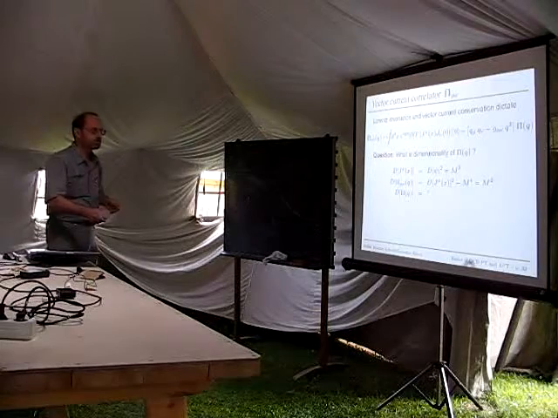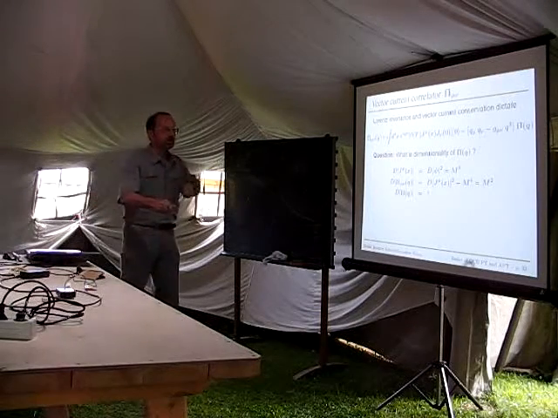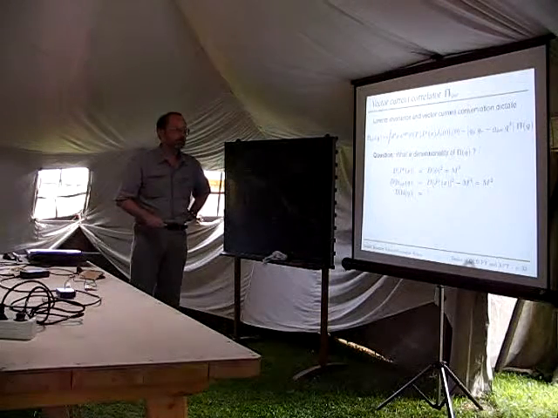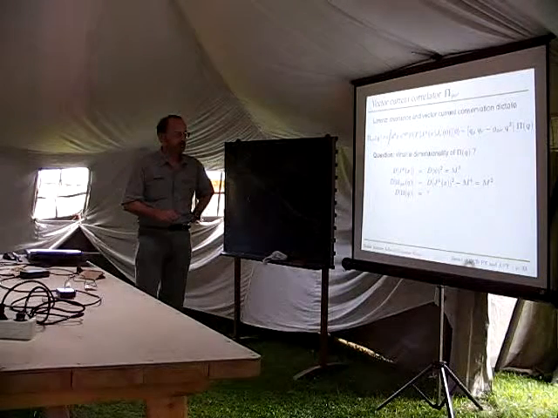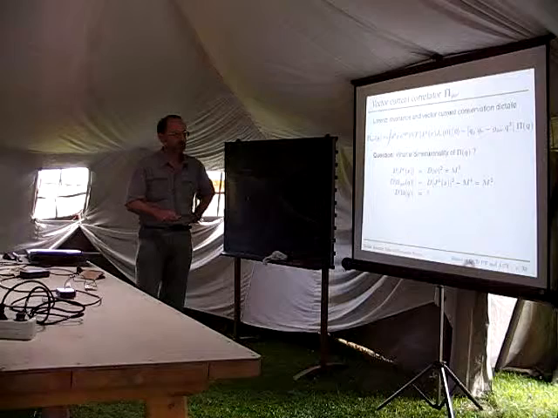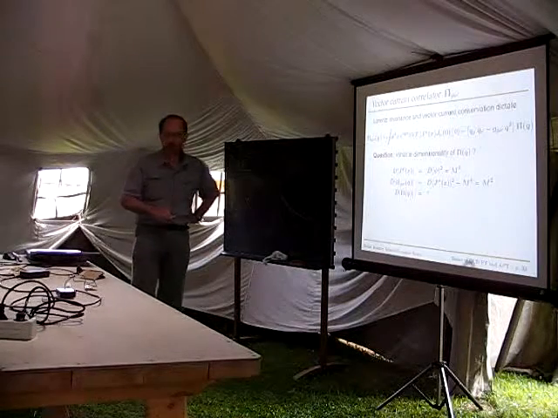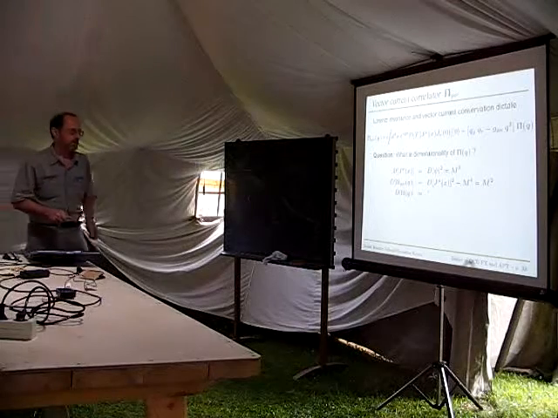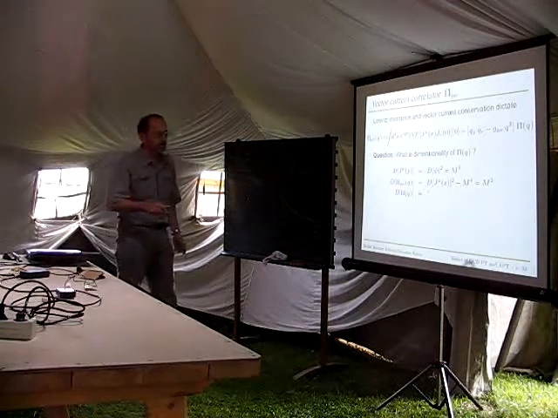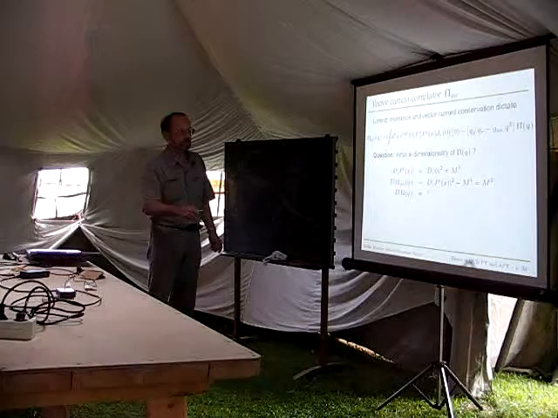Let us discuss what the dimension of this invariant scalar function is. We know that the dimension of G mu is just the dimension of psi squared, so it is m cubed, because a spinor has dimension 3/2. So the dimension of P mu is just the dimension of this minus integration.